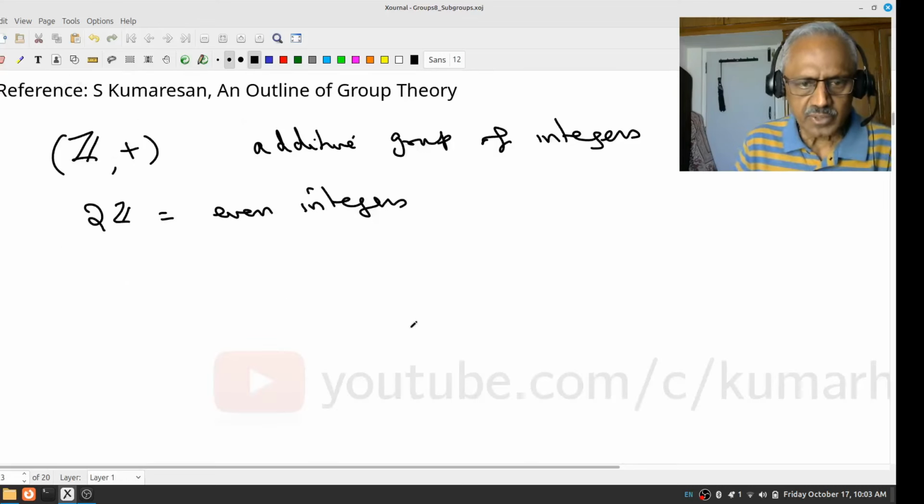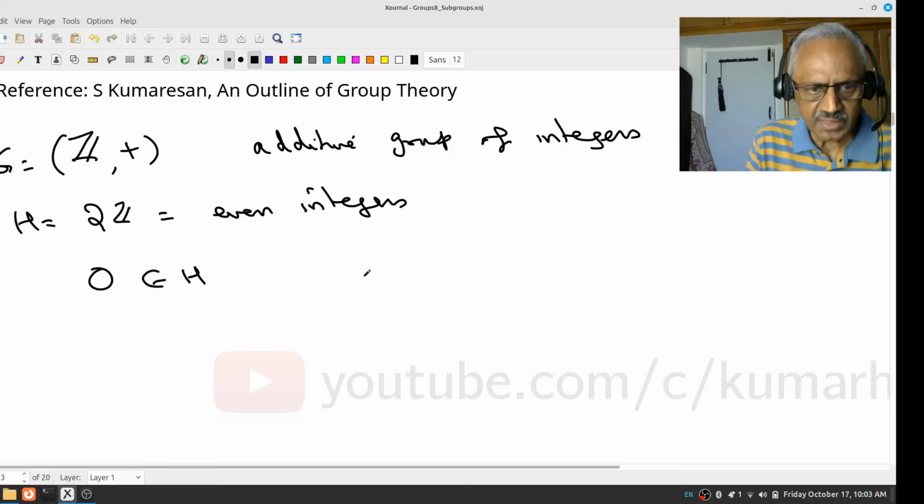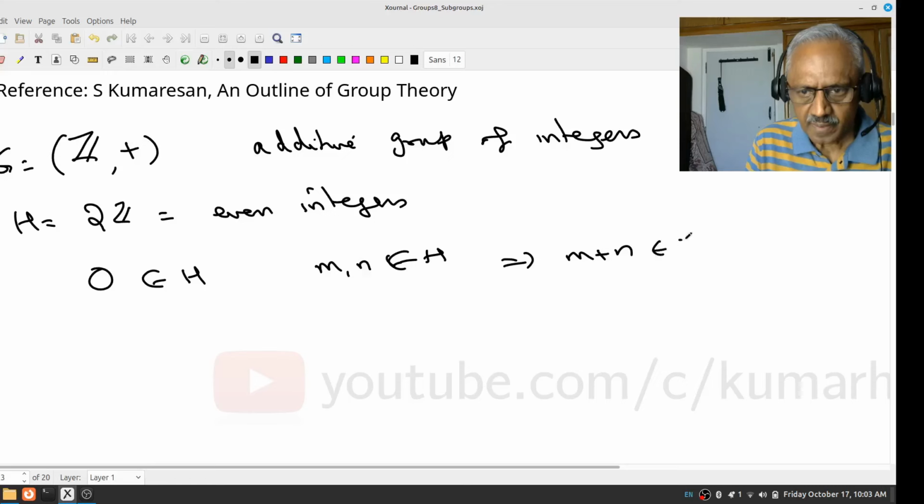Now you can see 0 belongs to this. Let H be equal to this and G be equal to Z. Then 0 belongs to H. And whenever I have M and N in H, then M plus N is also in H.